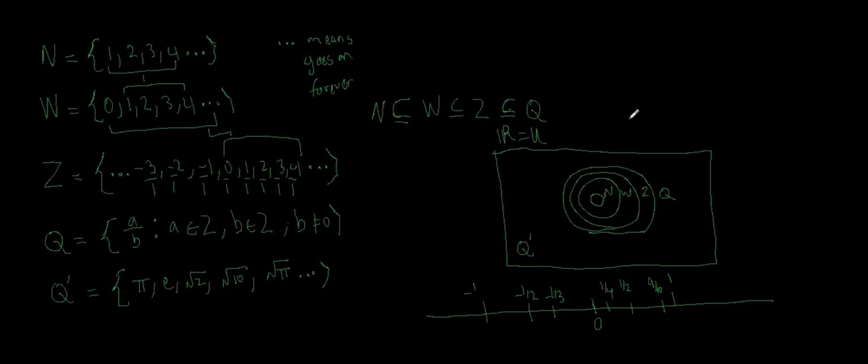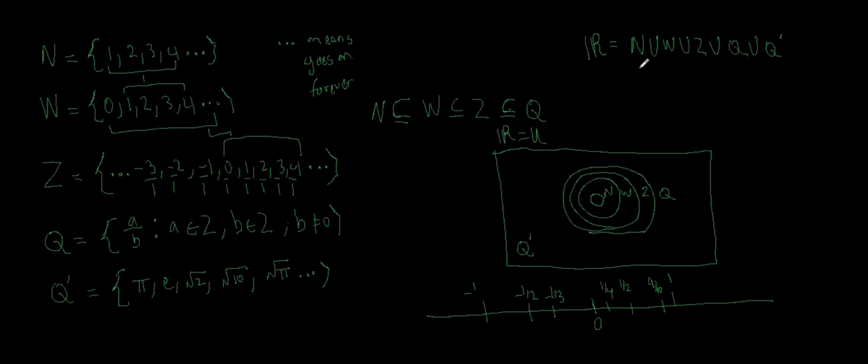So the set of real numbers could be expressed in set notation as N union W union Z union Q union Q complement.